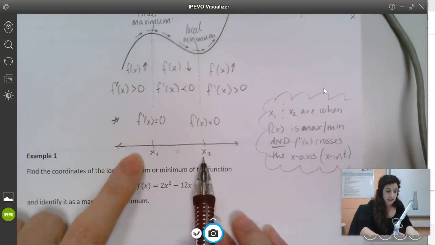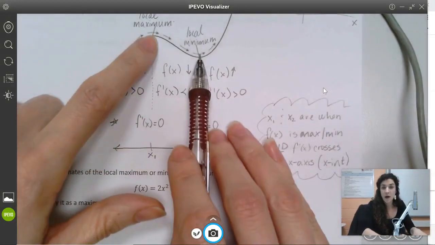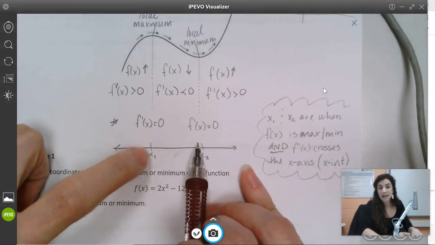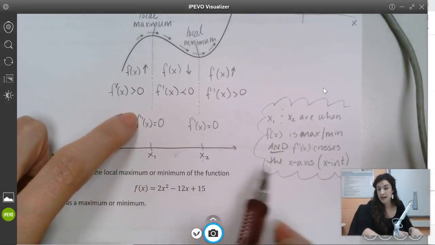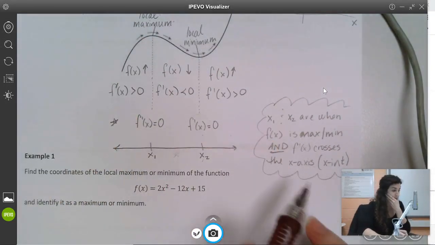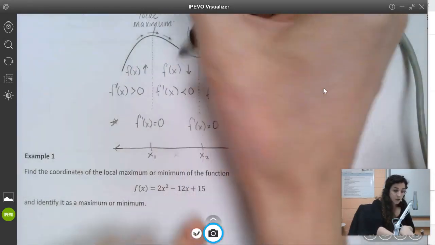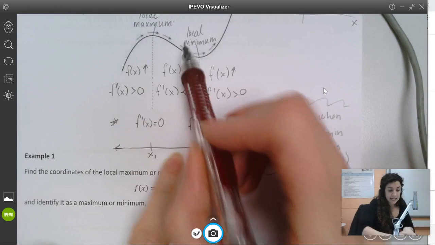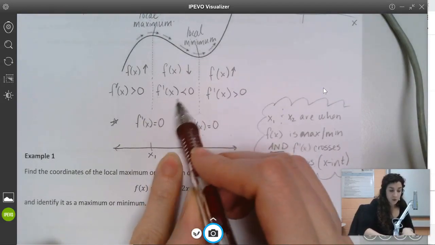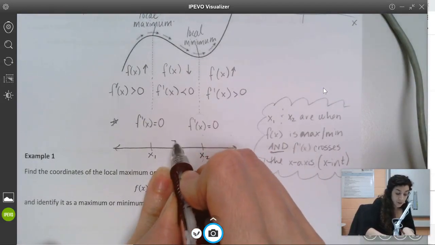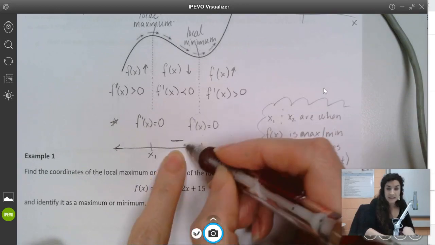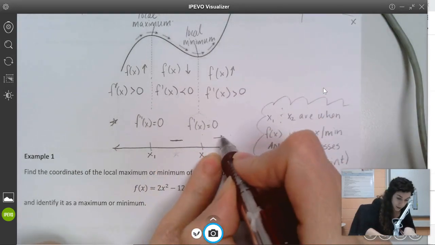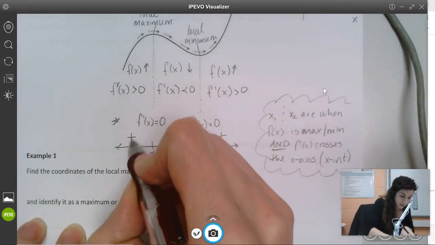So that connection, that these values are the x values when your original function is at a maximum or minimum, or, in other words, when they cross the x-axis, when they have an x-intercept. So for this part, your derivative is going down in the middle, which means that your derivative is negative. Versus when your original is going up, your derivative is positive.